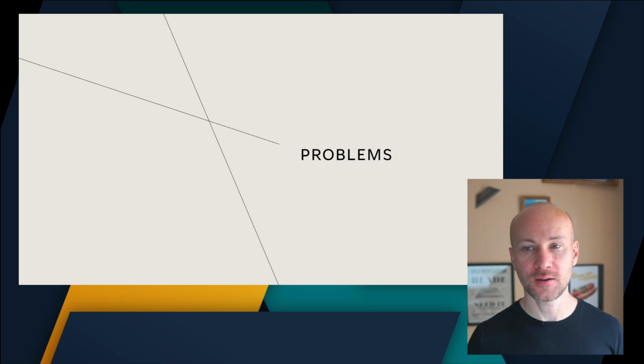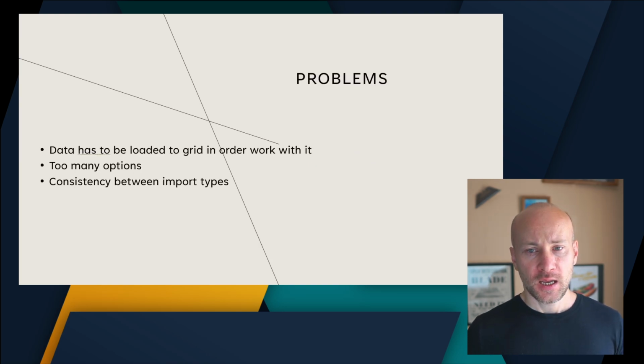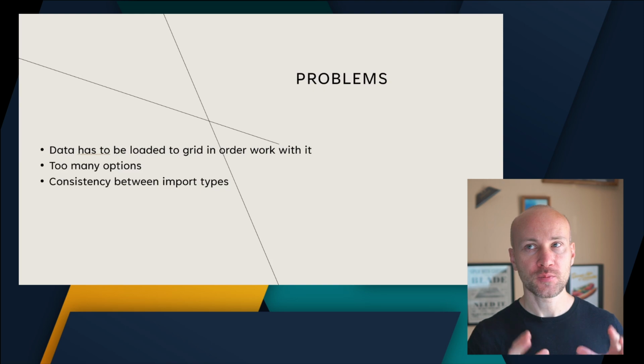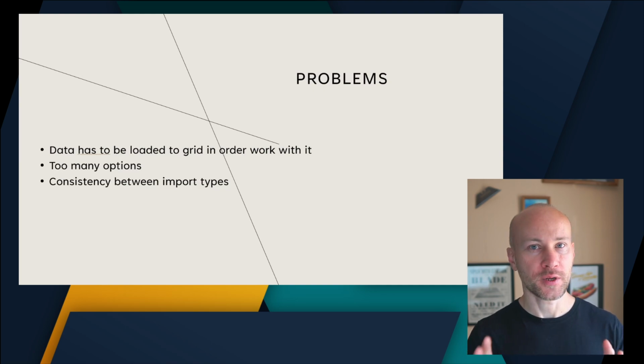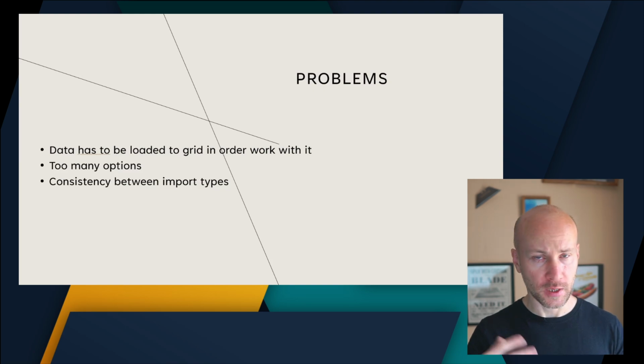But that still left us with some problems. Problem number one, probably the biggest problem, is when you want to work with your data, when you want to either manipulate your fields or export, you have to put data into the grid, right? You have to query it and have it loaded, and then all the tools run on the grid and manipulate data there, whether they change values or export them.